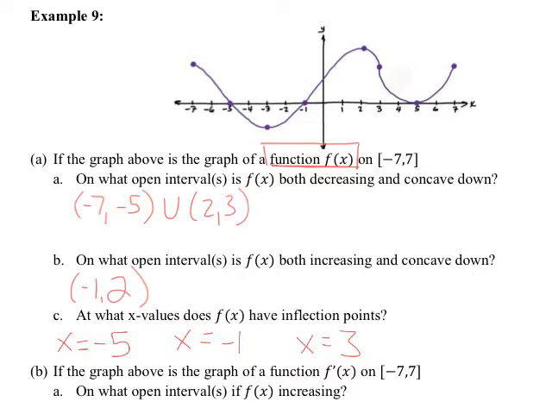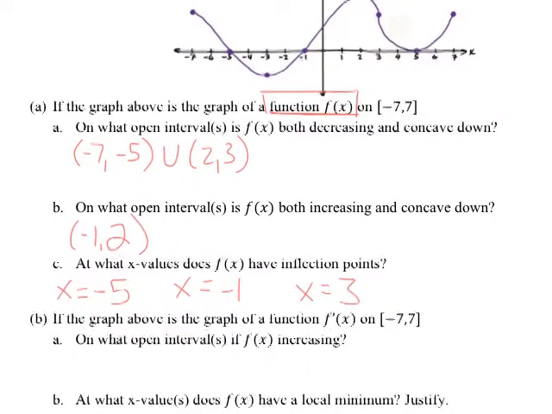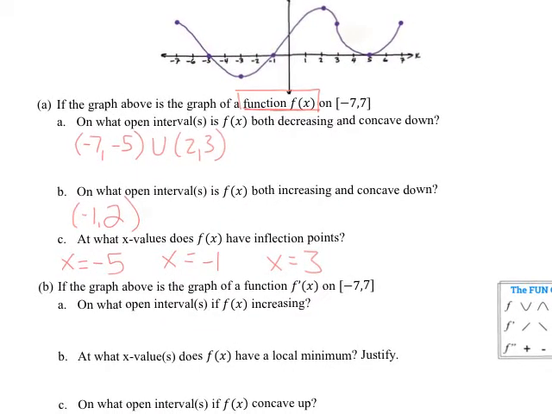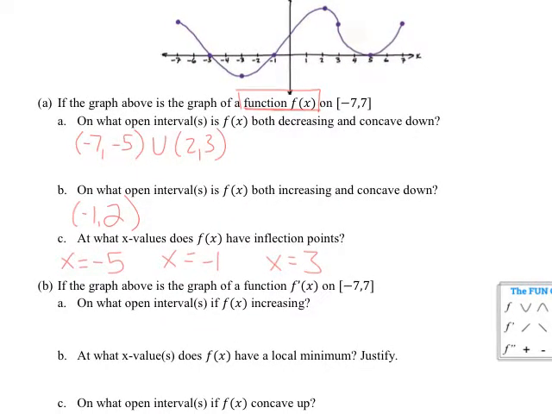As we move on to part B, 9b, they're telling us that the graph is f prime. So we're going to have different analysis if this is f prime. So what we want to do is pursue this under the assumption that the graph is f prime. Where's the function increasing? Well, the function is going to increase whenever the derivative is positive.